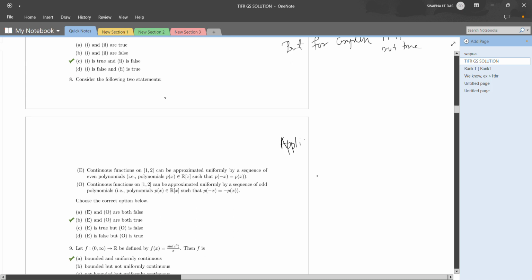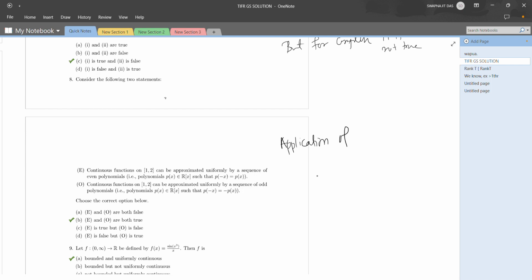Problem number 8, this is an application of Stone-Weierstrass theorem. I have already discussed Weierstrass approximation theorem in many videos. Stone-Weierstrass theorem is a general version of this, so if you know it, you can apply it everywhere.